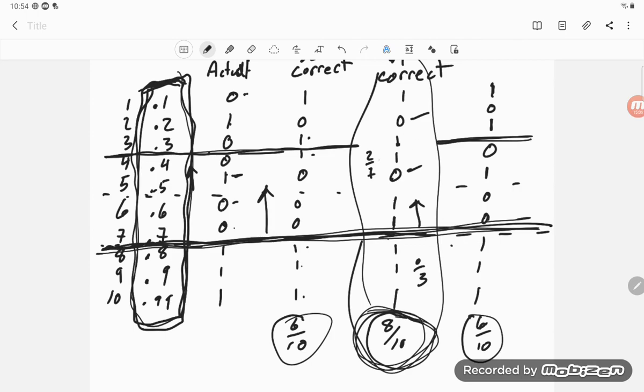And so you could look at those numbers and work on optimizing them. The 2 out of 7 was how often we were wrong, and 0 out of 3 we were wrong. So you could do that.